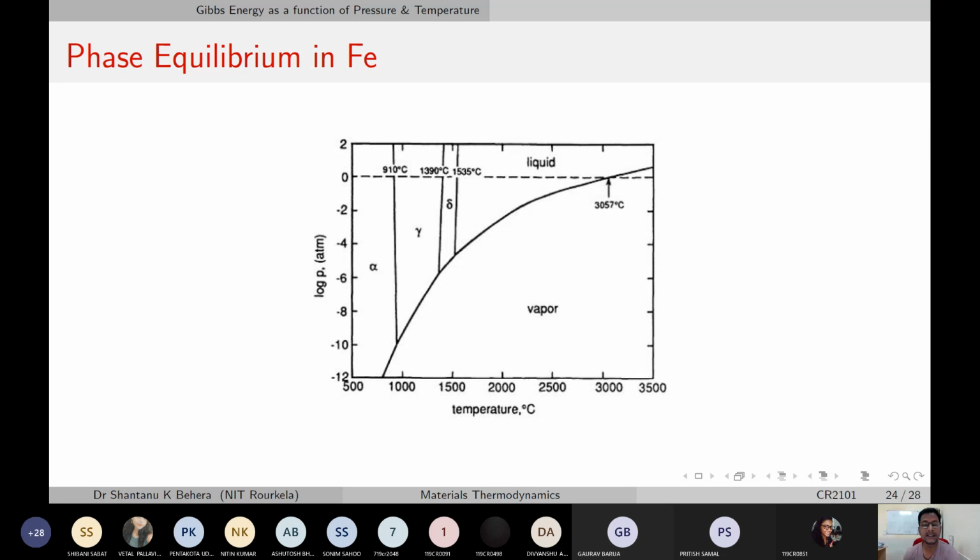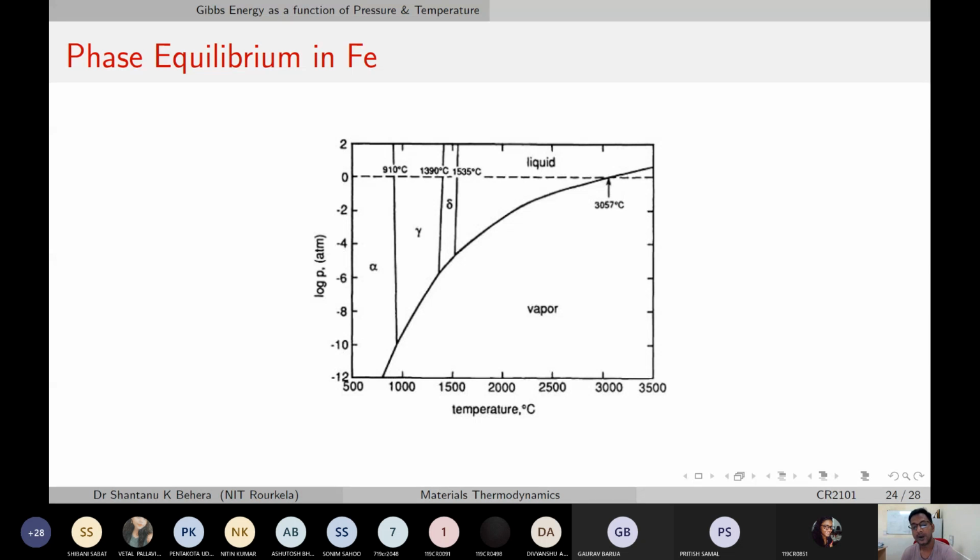So the question is, is it any different than some of the one component systems that we've seen in the past, for example, the water system? You see that there are phases like alpha, gamma, delta, liquid, and vapor. These are the 5 phases we are seeing here. Alpha, gamma, delta are not an acronym, but symbols given to different phases of different crystallography of the same solid.